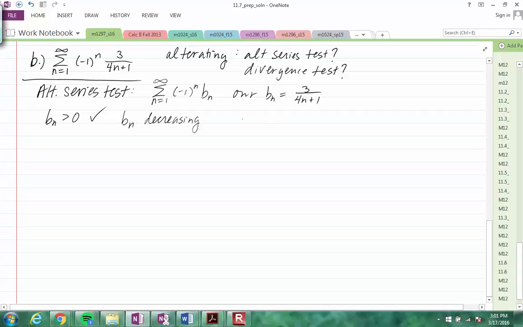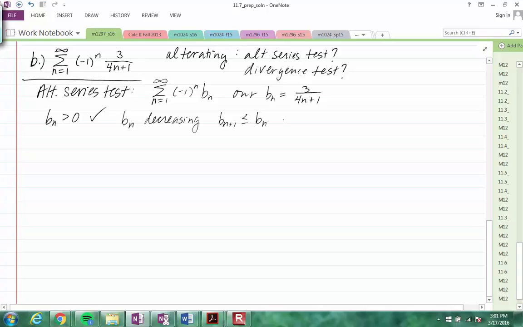So looking here, if you have time to show it by showing that b sub n plus 1 is less than or equal to b sub n, then go ahead and do it.